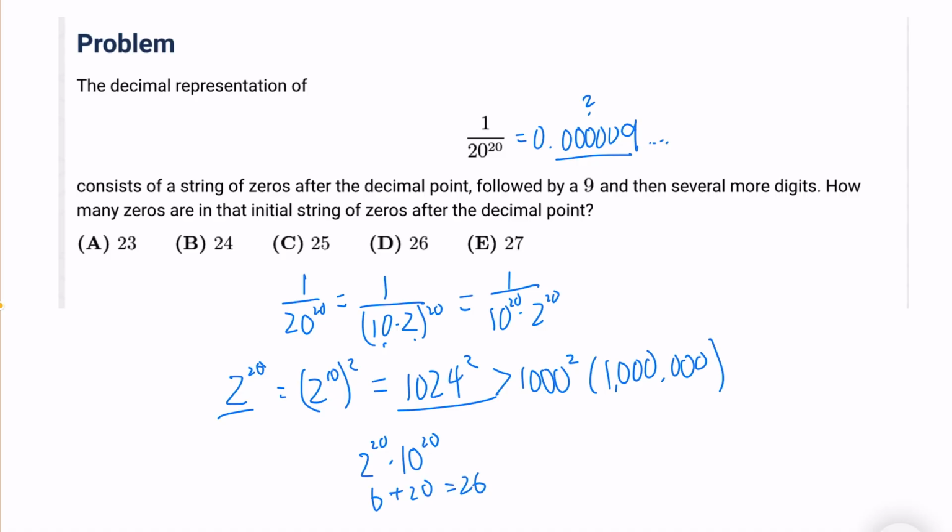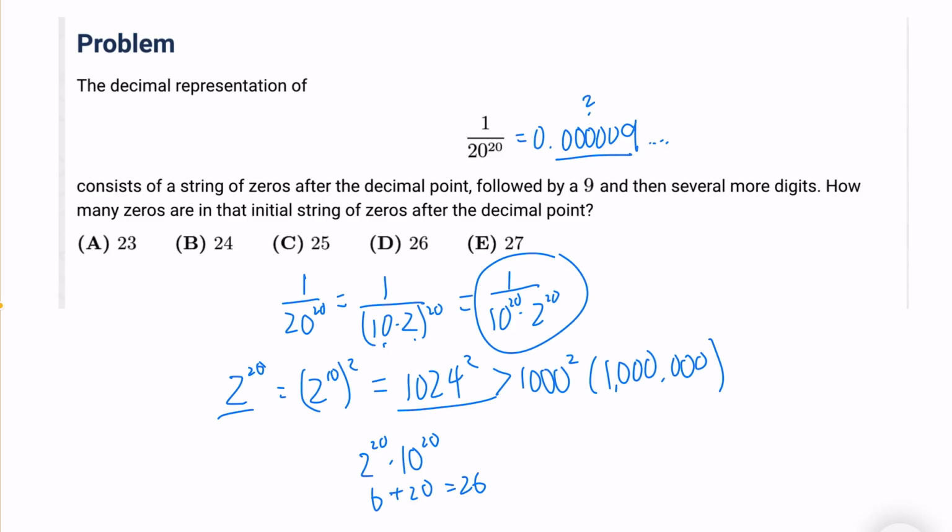But keep in mind that this is 1 divided by 10 to the 20th times 2 to the 20th. So if we divide 1 by an n digit number, as long as n is not a power of 10, there are n minus 1 zeros before the first non-zero digit.